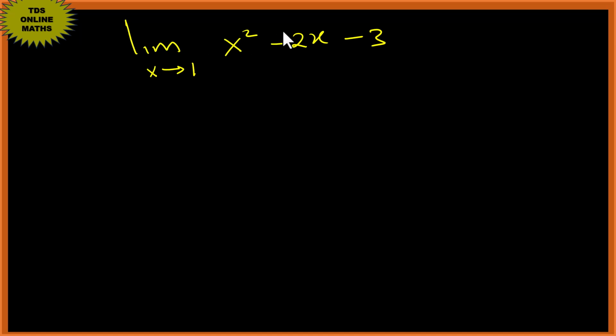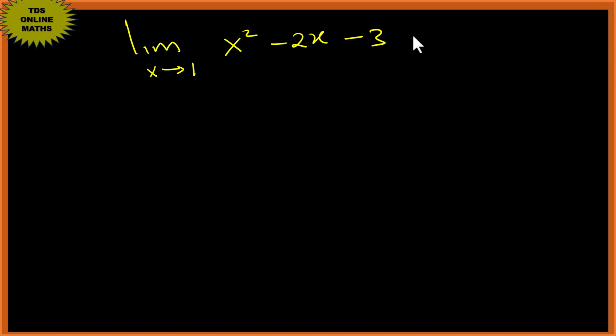Let's evaluate this limit. We have the limit of x squared minus 2x minus 3 as x approaches 1. Anytime you are asked to evaluate a limit of this straightforward form, just go straight to the point by putting in the limiting value.